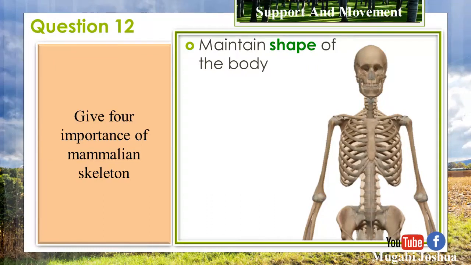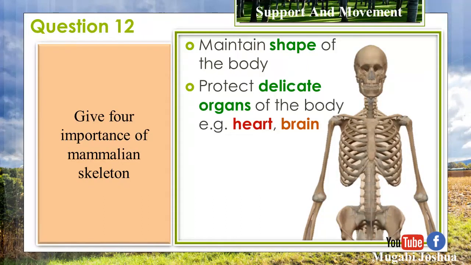It's the mammalian skeleton that gives the body the shape it has. And secondly, the mammalian skeleton protects delicate organs of the body, like the heart and the brain. The heart is protected by the ribs, and the brain is protected by the skull.